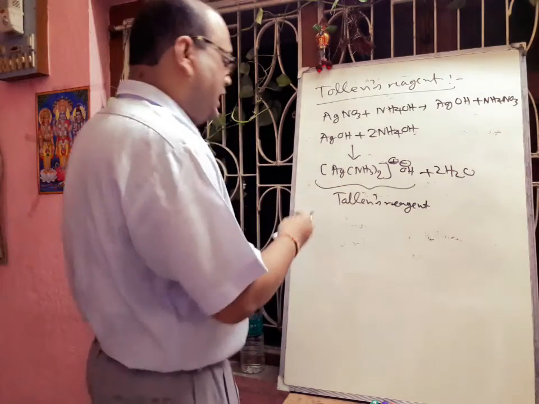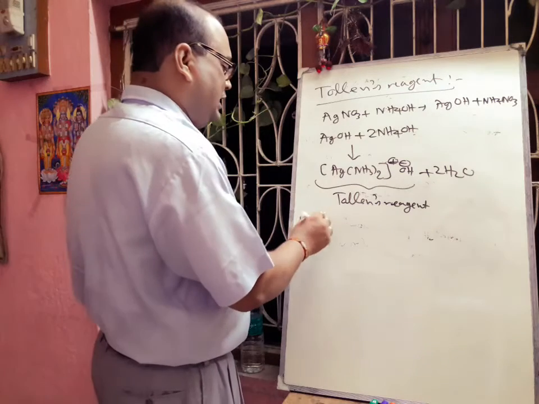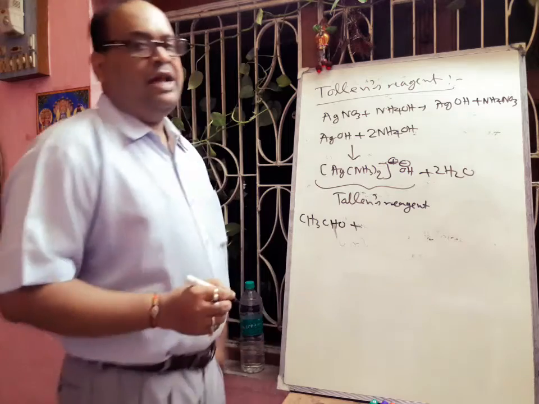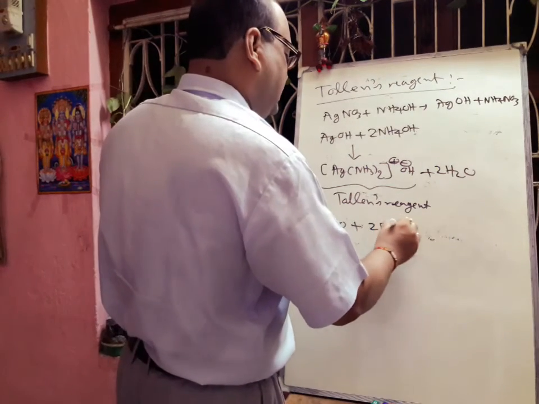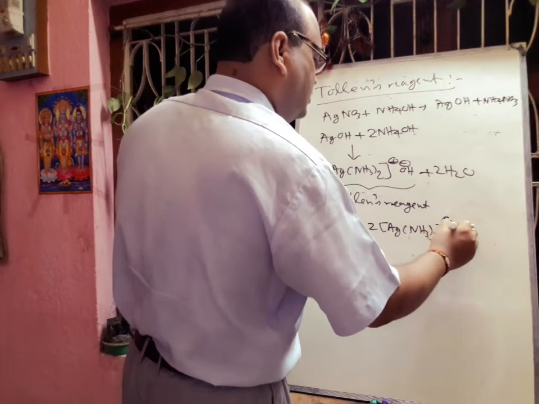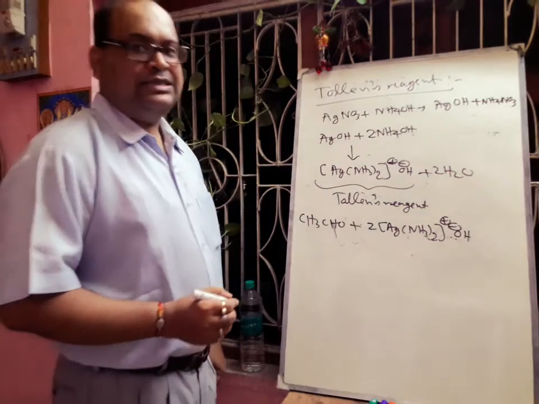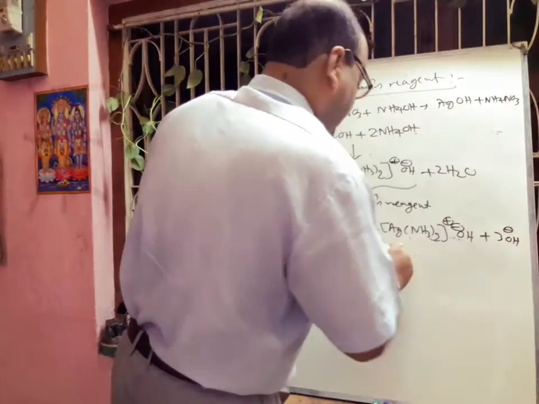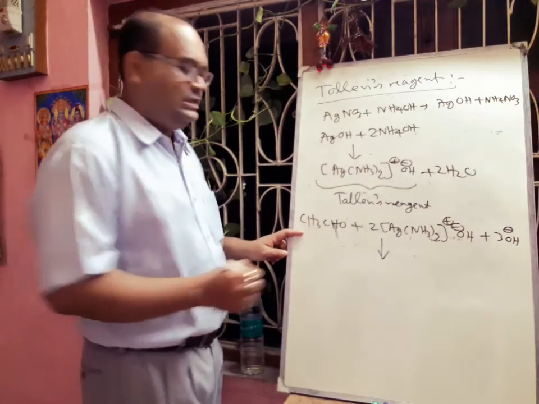Now what is the reaction? If we take any aldehyde, suppose we are taking acetaldehyde, plus we add this reagent, that is 2[Ag(NH3)2]+ plus OH minus, plus 3 OH minus, then the aldehyde will be oxidized to acid.